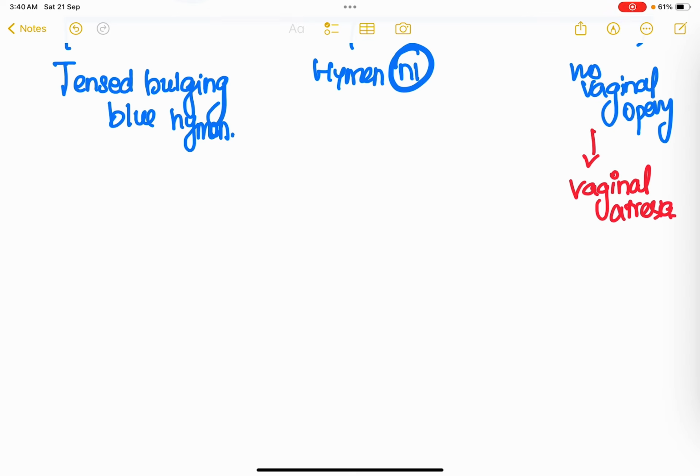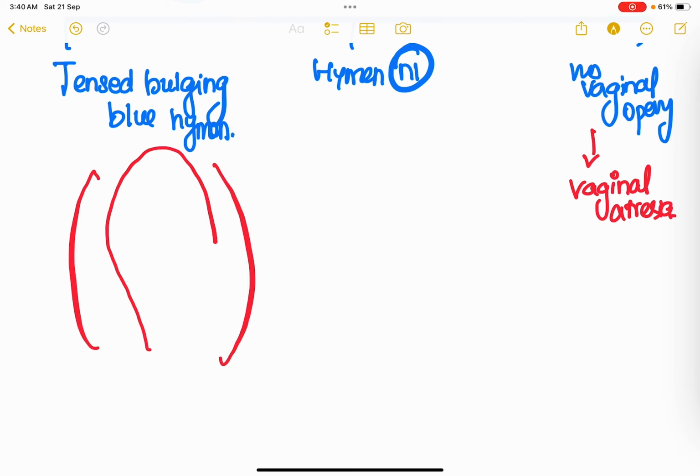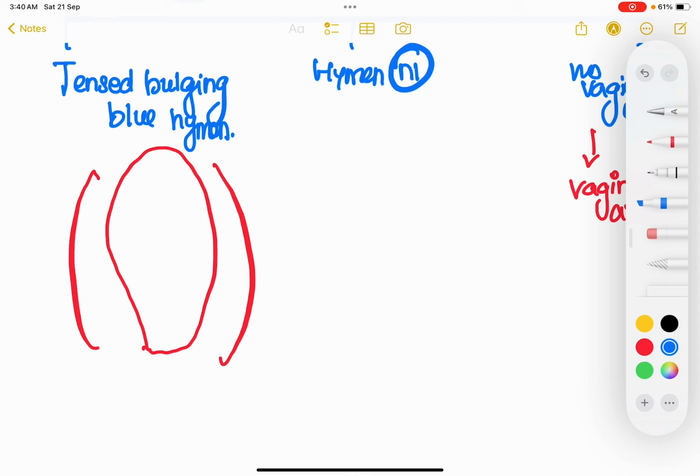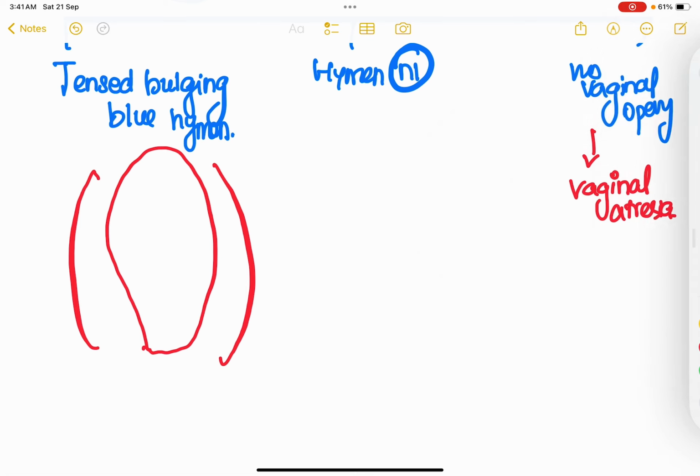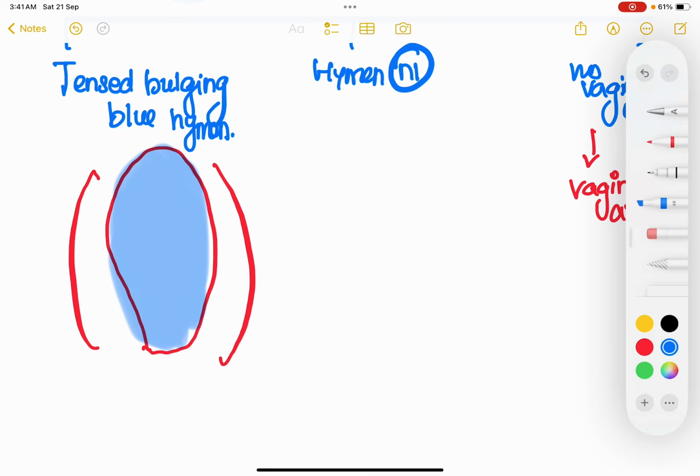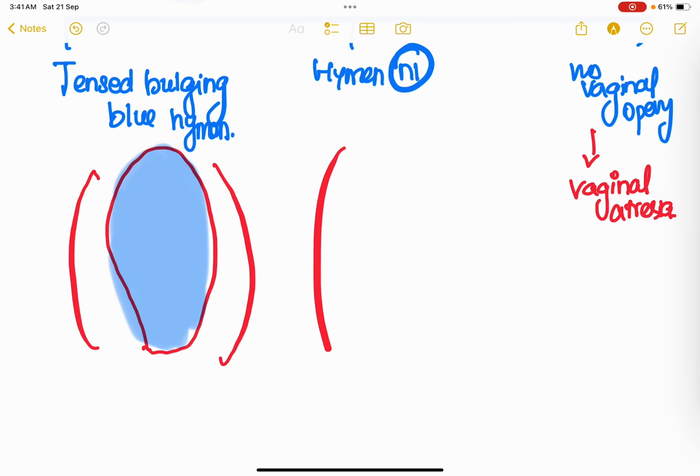Because of that reason, since there is an imperforate hymen, as you can see in this image, let's say for example this is the hymen. And we can take into consideration a normal hymen as well.